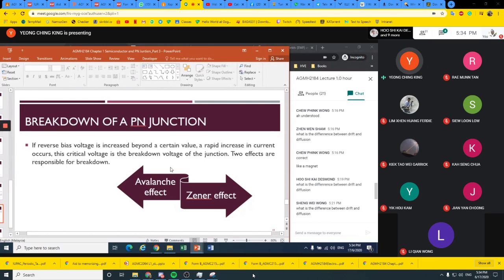There are two effects responsible for this breakdown, called the avalanche effect and the Zener effect. We will study these further in the next two chapters, on the Zener diode, because the Zener diode is also one type of diode.